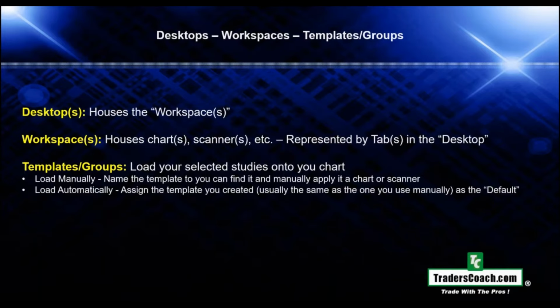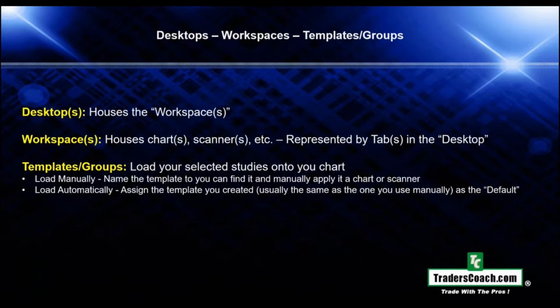A couple things overall to know about. For example, if you have TradeStation, if you have NinjaTrader, any of the compatible trading programs that we offer, when you open up that platform, you're usually going to open up to what they call a desktop. So it will automatically open up. In that desktop, there may be tabs, and those tabs are generically known as workspaces, depending on the platform.